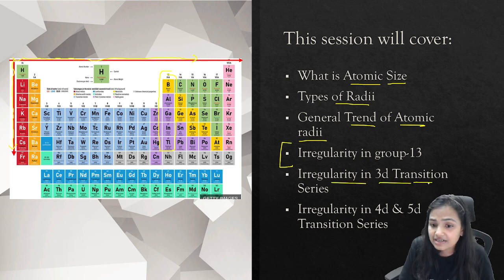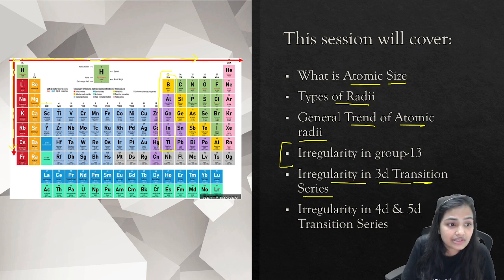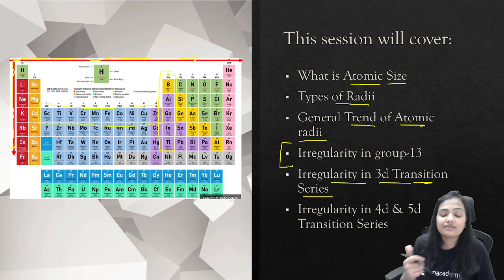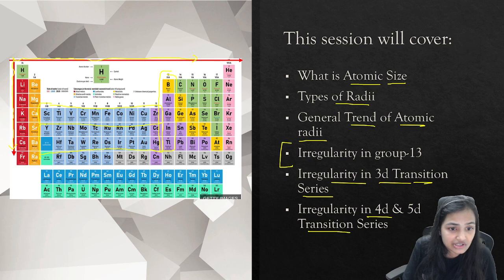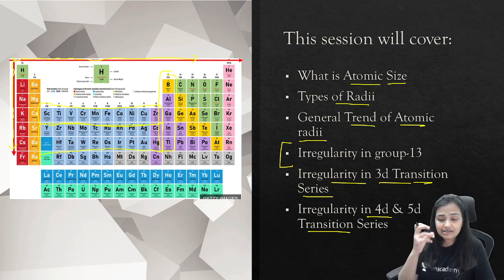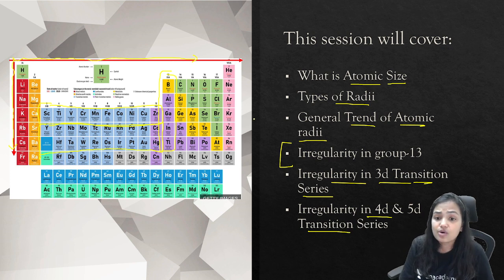Irregularity in the 3d transition series. Here also we do have an irregularity. There is also an irregularity in the 4d and 5d transition series. If you compare the 4d and the 5d transition series elements together, there also we see an irregularity which is not obeying the general trend of atomic radii.